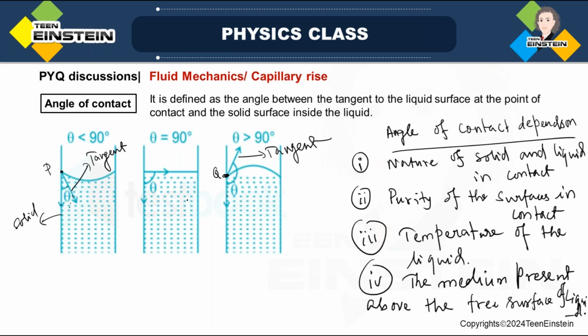Now according to these factors, the value of the angle of contact will be different. In some cases the angle of contact will be less than 90 degree. This is called acute angle. In case of acute angle, let me give the points over here.